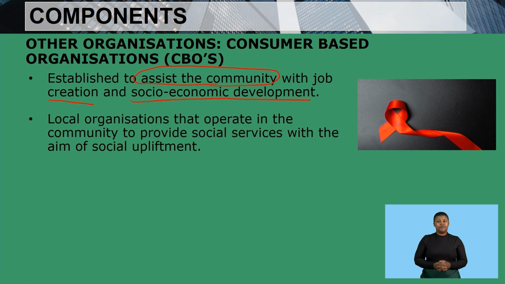It can be any local organization which operates in the community, and they provide social services, and what they want to do is help with social upliftment. So they want to improve the lifestyle of the people in that specific community.